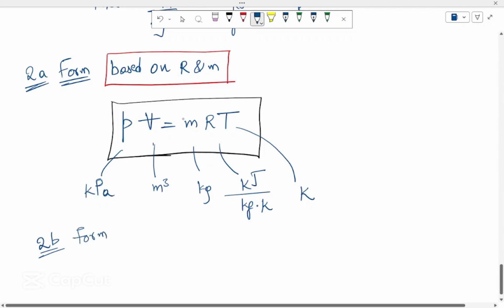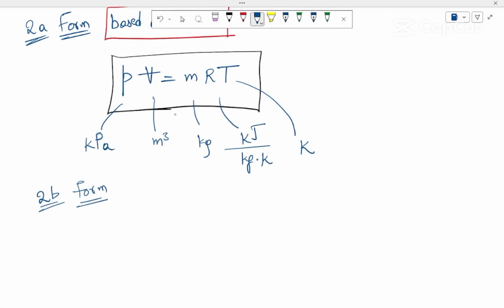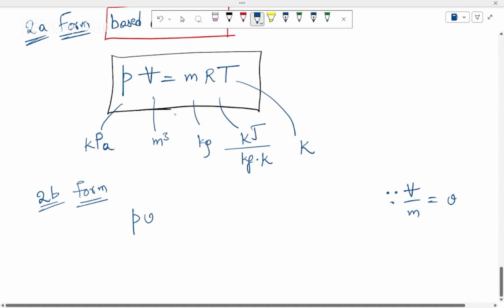There are basically 4 forms that you should learn here. First 2 are based on R bar and N, and second 2 are based on R and M. So if I write it here, I should write it in terms of specific volume now, since V by M is nothing but your small v, that is specific volume. So in terms of that, you have to write Pv equal to RT.